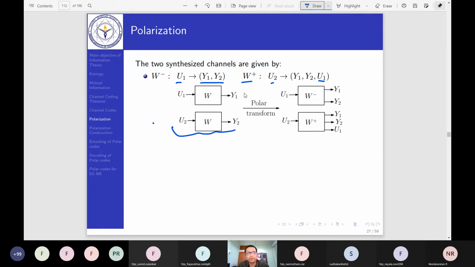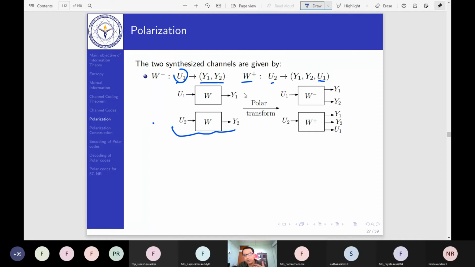Without coding, we are transmitting U1 as it is and U2 as it is. However, with polar coding, we are transmitting U1 through a particular channel W minus. W minus is a channel for which the input is U1 and output is Y1, Y2. And U2 is transmitted over an effective channel W plus.